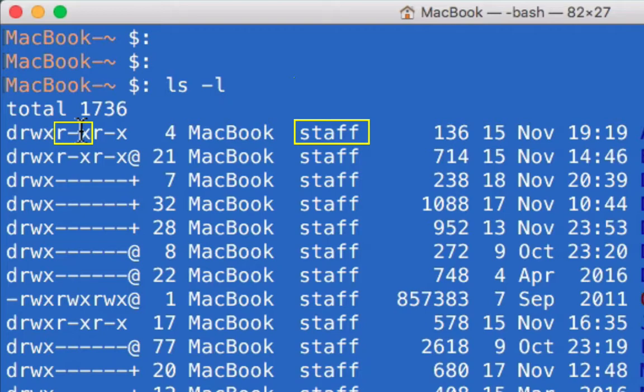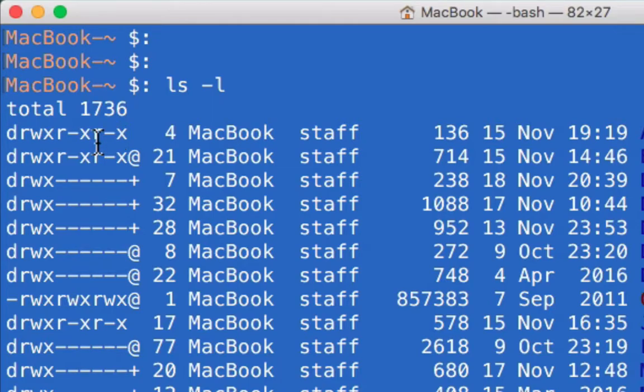And yes, they can execute the file. Okay, and the third group of 3 characters refers to everyone else. So everyone else who's not the owner, who's not in this group, can read this file. They cannot write on this file, but they can execute this file.